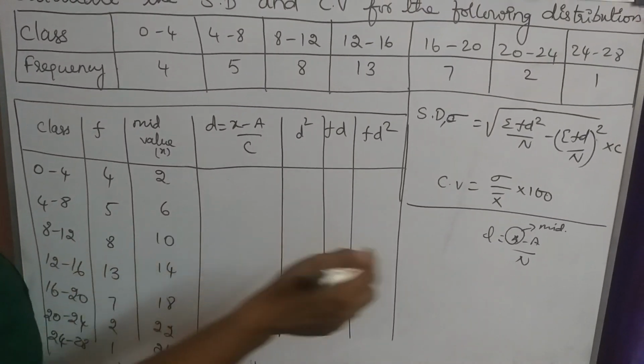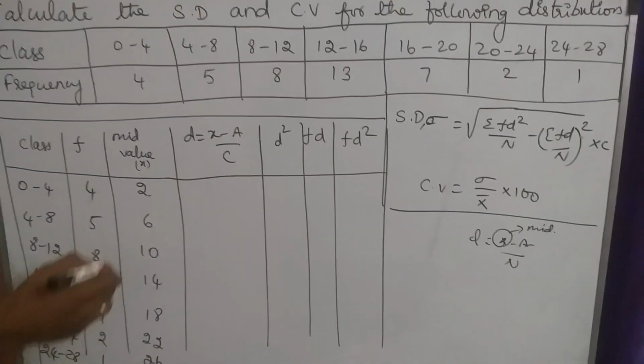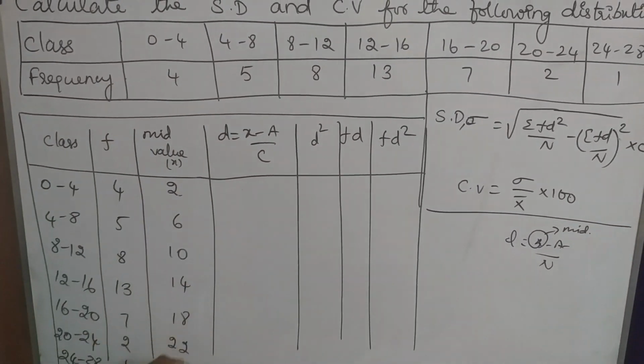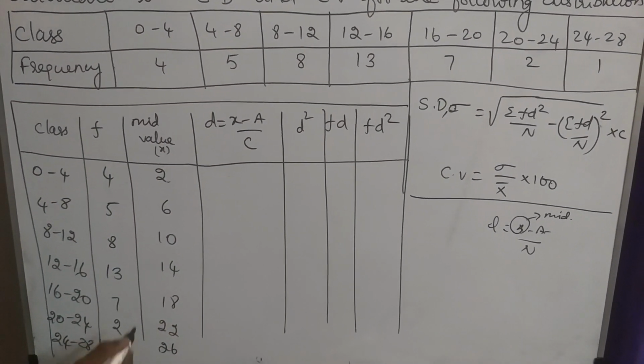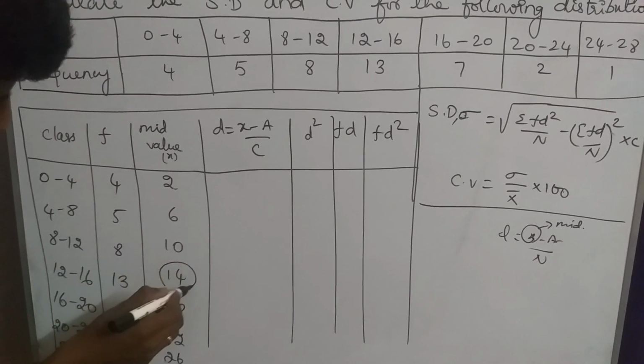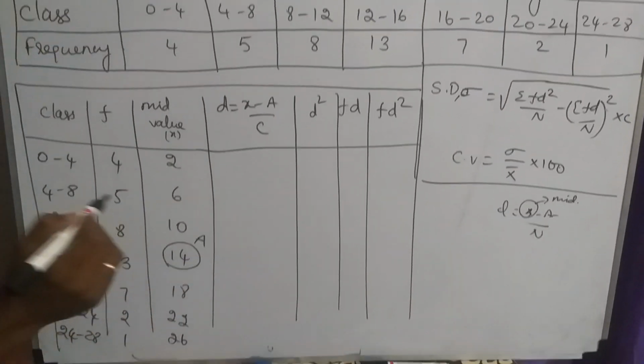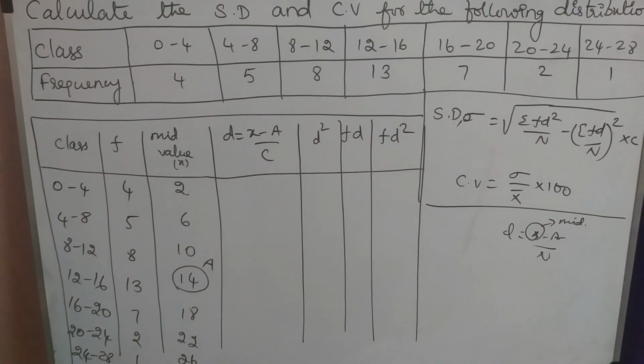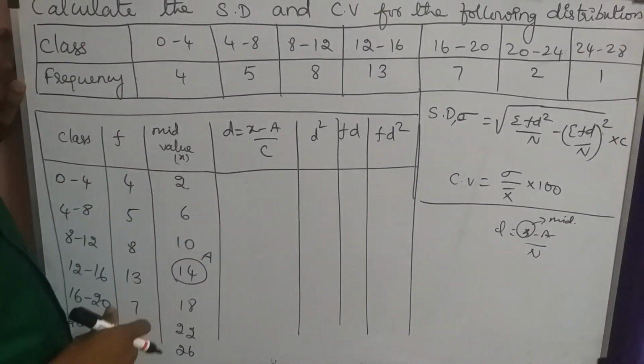Now we assign the assumed mean. In this data the middle term is 14, so the assumed mean is 14. Subtract it from each element and divide by c, the size of the class, which is 4.